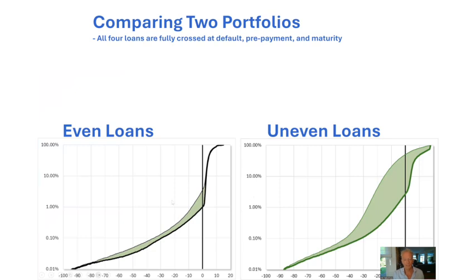Compare these 2 charts here. Here's the even loans, where you had the green area is the shift to the right of the NPV distribution, and here this green area is much, much more pronounced. So the unevenness of the loans in terms of the riskiness really, really drive the benefit of cross-collateralization.